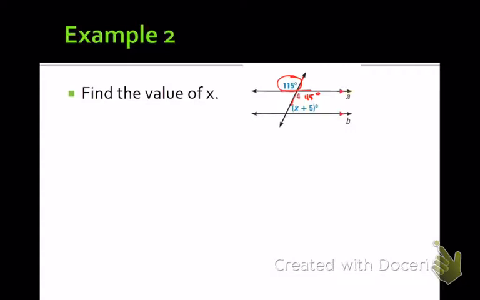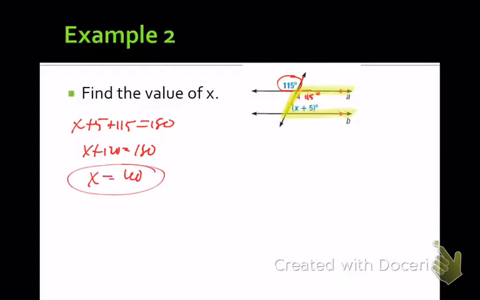I also know that when I trace these, I get a C, which makes them consecutive interior angles. And from the theorems that I just took a look at, I know that those two have to be supplementary. So subtract 120, and x is 60. Just using our different relationships.